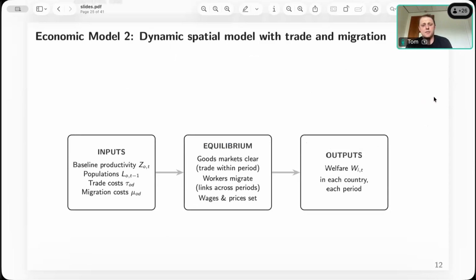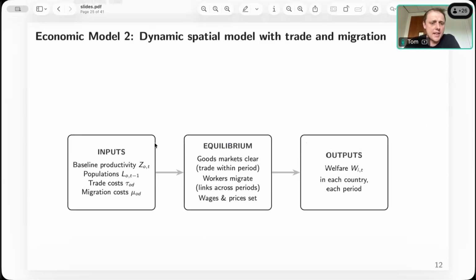So now we have these estimates of the direct damages, but we also want to allow countries in our model to adapt by having more trade and migration in response to damages from climate change. In order to do that, we build a dynamic spatial general equilibrium model.